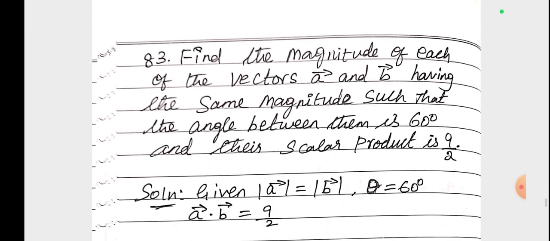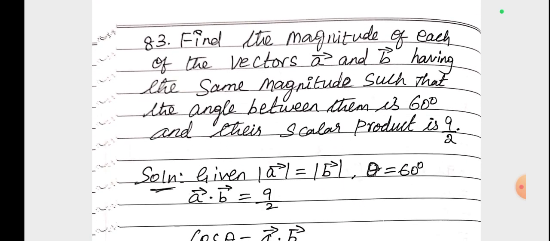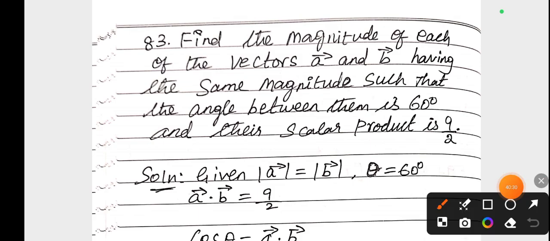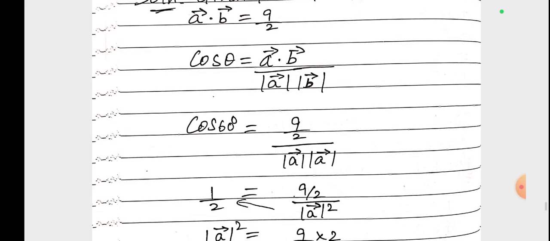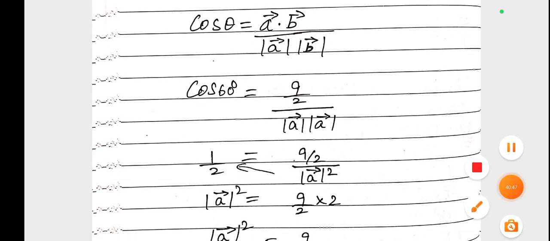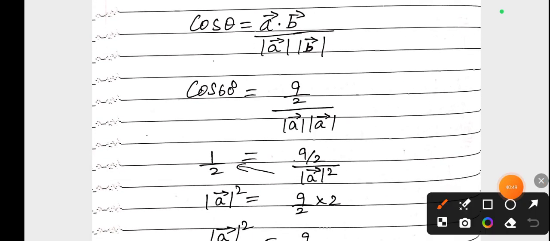So 82 successfully completed. Then going for 83, children. So find the magnitude of the vectors A vector, B vector having same magnitude. Like this type of sum already we have done. Magnitude of A vector equal to magnitude of B vector. Theta is 60. Scalar product is 9 by 2. So A vector dot B vector is 9 by 2. Then substitute cos theta value for 60 degrees.